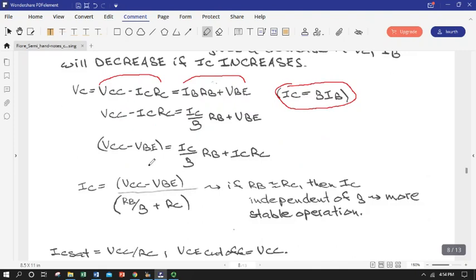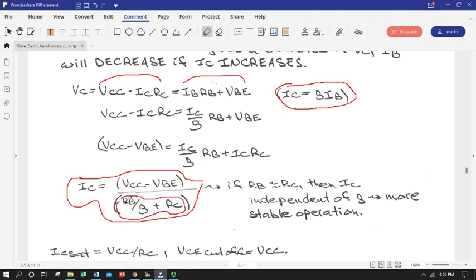So I can simplify and isolate my collector current expression on one side, and I have another one of these very similar looking expressions where I have supply in the numerator, and then I have two resistors being compared in the denominator, and again here is beta in the denominator of a fraction that's in a sum.